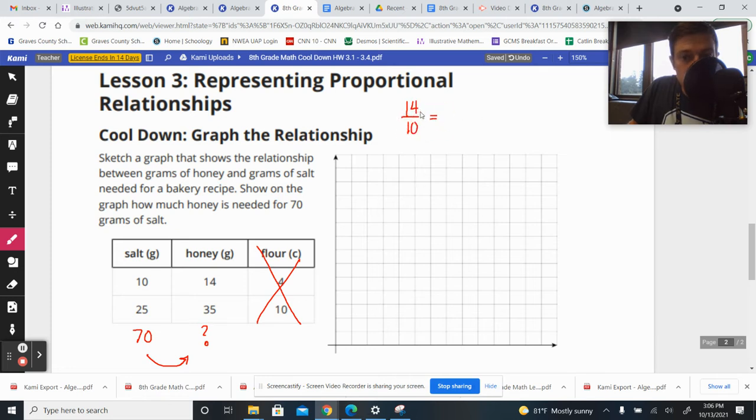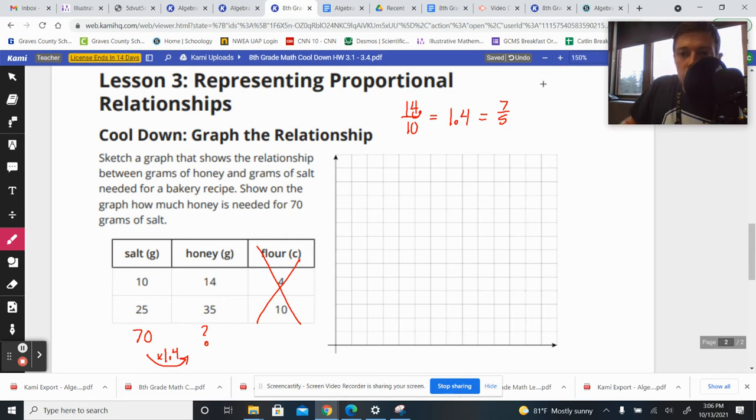You can just move your decimal one place to the left, and that would be 1.4. So technically, our constant of proportionality is 1.4. You also could have reduced that to 7/5 if you wanted to use fractions instead. 1.4 is pretty easy to work with, especially multiplying by 70, so that's what I'm going to choose to do in this particular case.